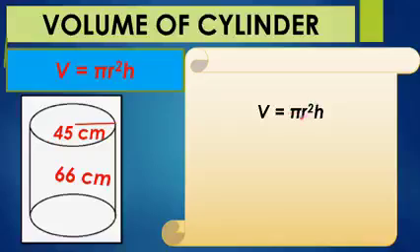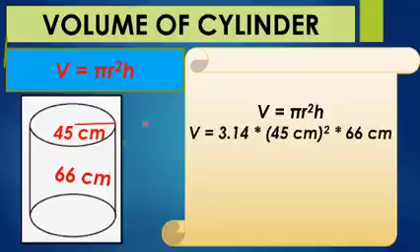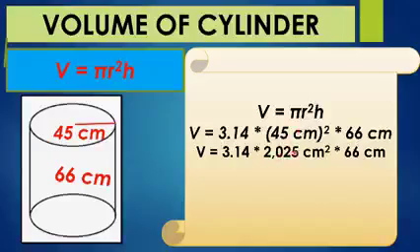The value of our r is equal to 45 centimeters, while the value of our h is equal to 66 centimeters. By substitution, V is equal to 3.14 times the square of 45 centimeters times 66 centimeters. So here we will work out first the exponent, that is square of 45 centimeters squared. And 45 times 45 is 2,025 centimeters squared.